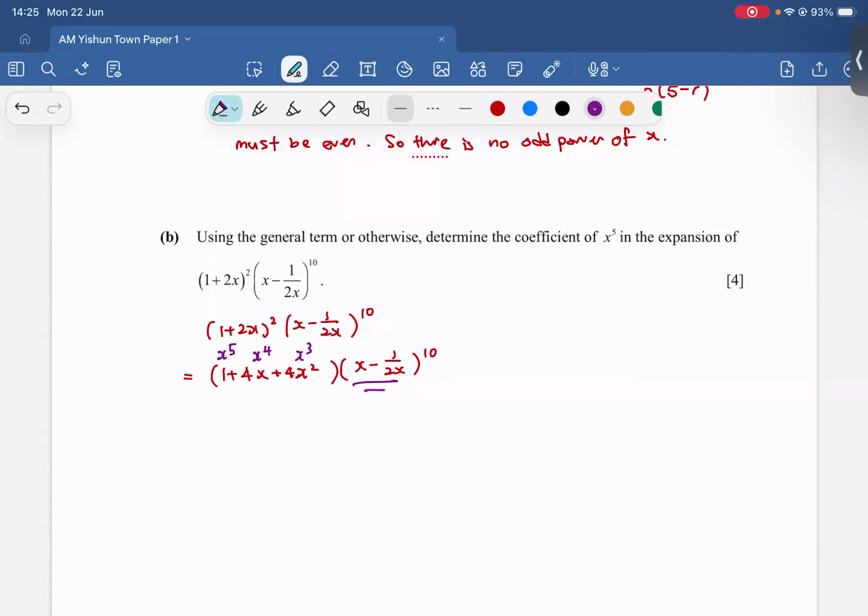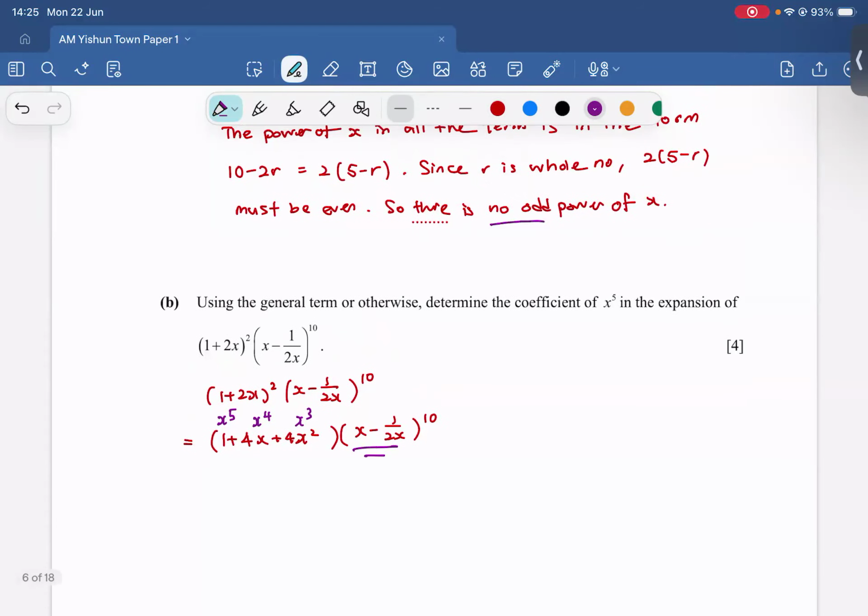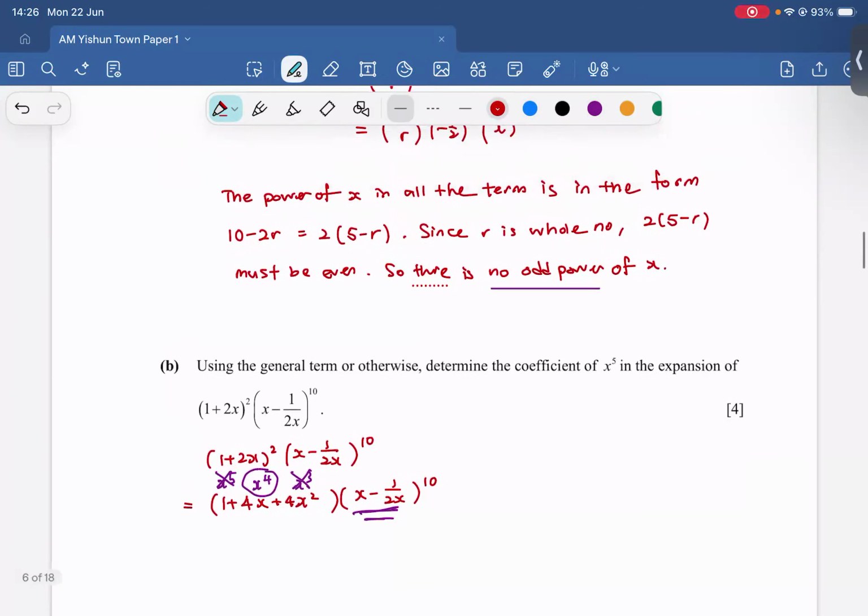Okay? From the previous part, we know that there is no odd power. So x power 5 does not exist, x power 3 does not exist. We only need to find the x power 4 in this complicated expression. So how do we find the x power 4 in this thing? We use the general term.